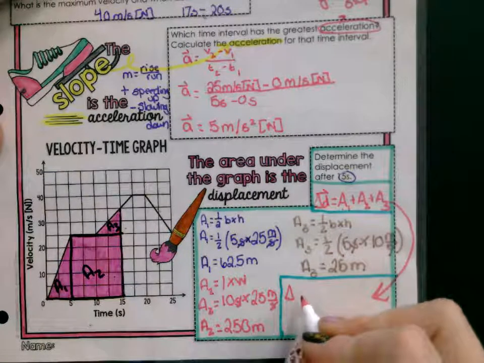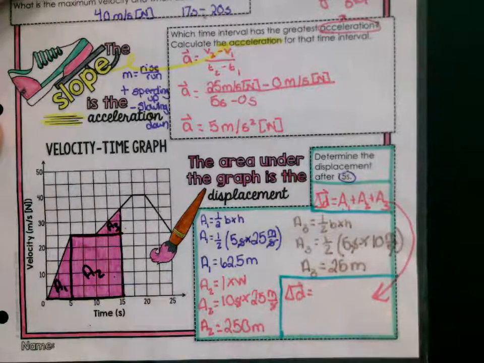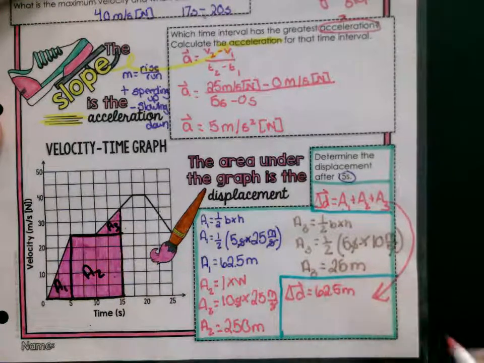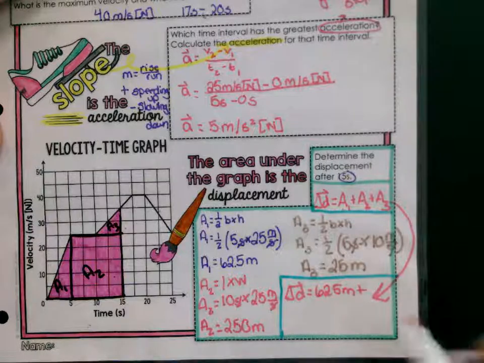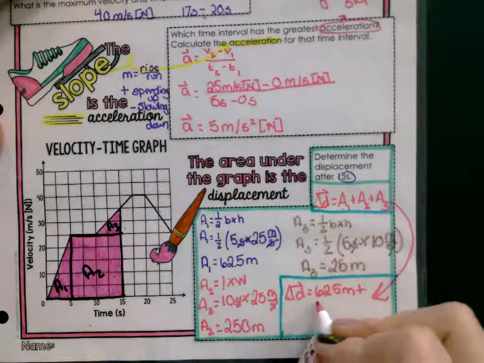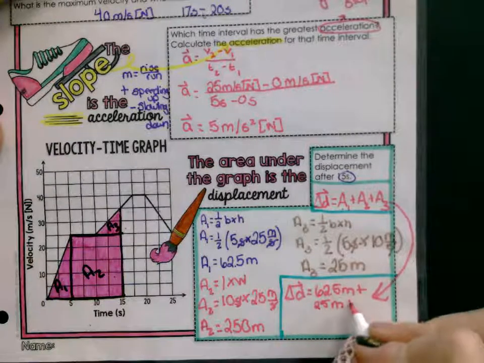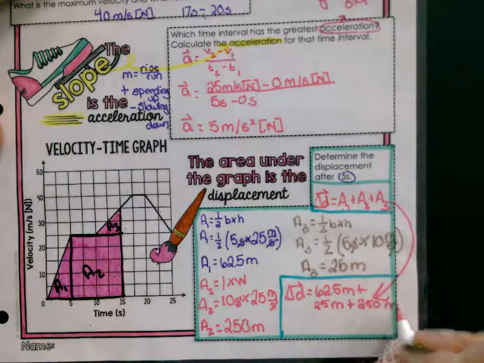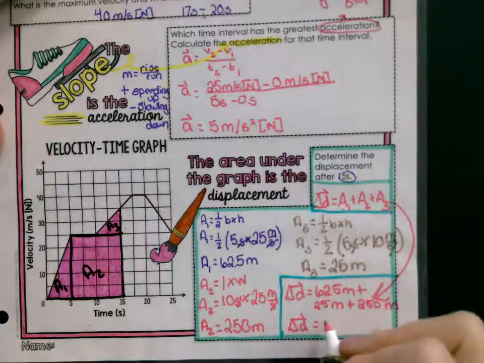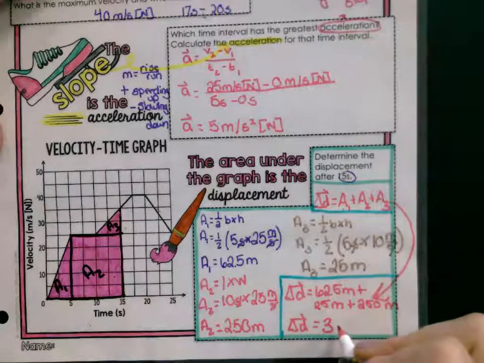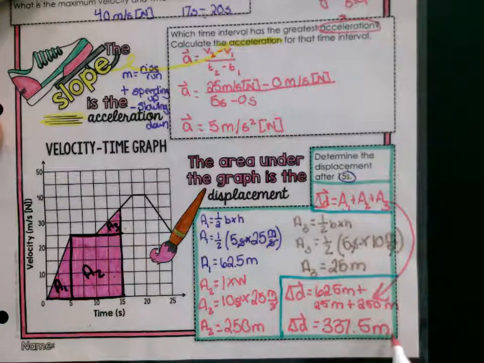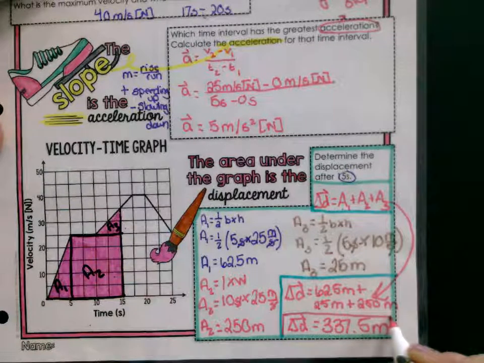So my displacement at 15 seconds is equal to 62.5 meters plus, I'm going to go down, please excuse me, 25 meters plus 250 meters. So my displacement is equal to 337.5 meters. So here's my final answer.